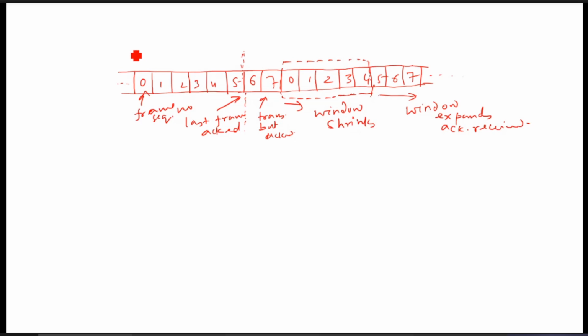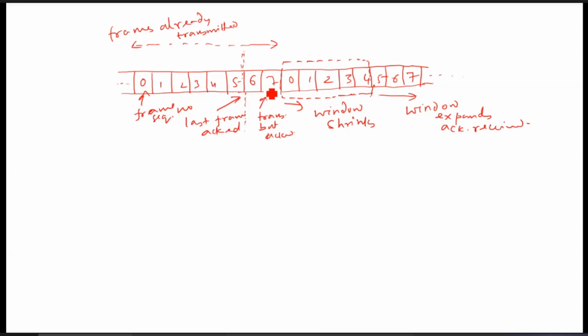So you see in this scenario, frames 0 to 7 are already transmitted. A frame is transmitted, but you see the last frame acknowledged is 5.